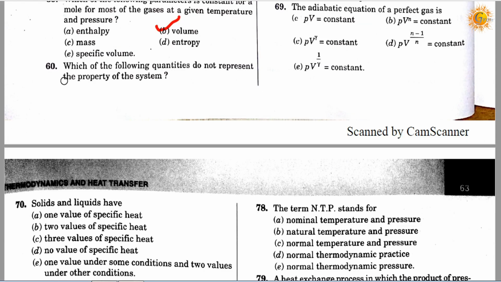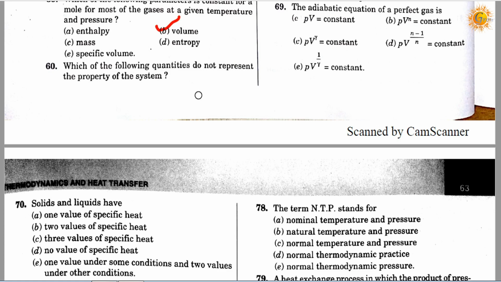Question number 60. Which of the following quantities do not represent the property of the system?